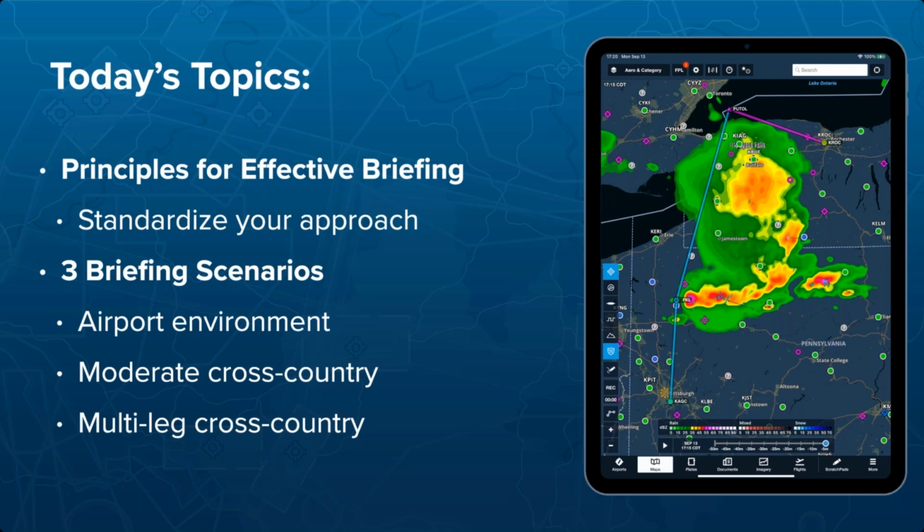And following up on those basic principles, we're going to go through three briefing scenarios using different flight plans to illustrate how the flight that you're planning is going to determine what kind of briefing you need to get. And so those briefings are going to start with a simple flight just around the airport, like doing touch and goes, then moving on to a longer moderate cross country, and finally to a multi-leg cross country where you're going to need to pull in more longer term weather than you would, for example, for the previous two.